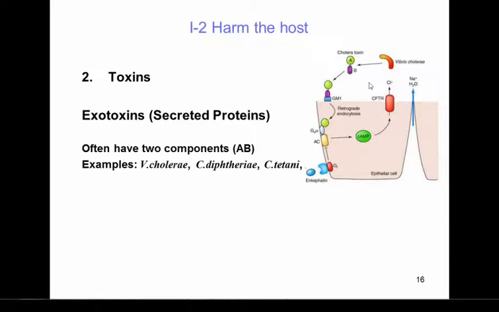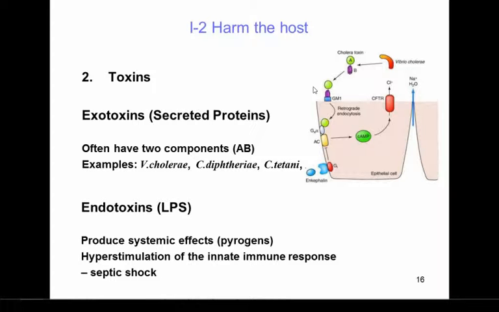So to maintain osmotic balance, sodium and water follow the chloride ions, and this is directly responsible for the very profuse liquid diarrhea that is the symptom of cholera infection. So it's the toxin that is directly responsible for the symptoms. And if you do not have access to enough clean drinking water, you can die of dehydration, all because of the cholera toxin.